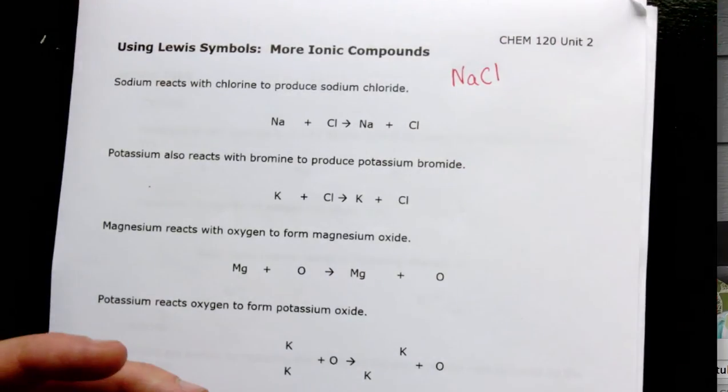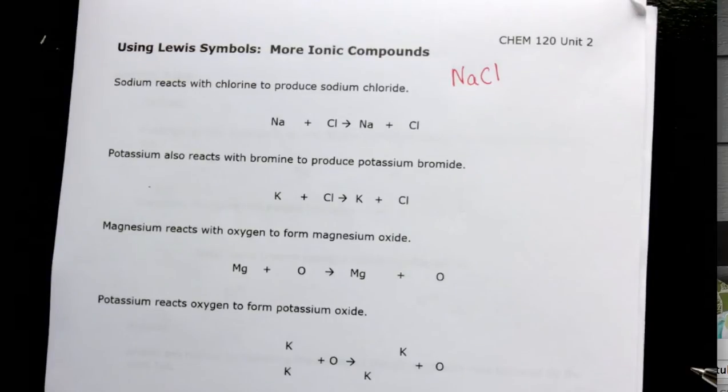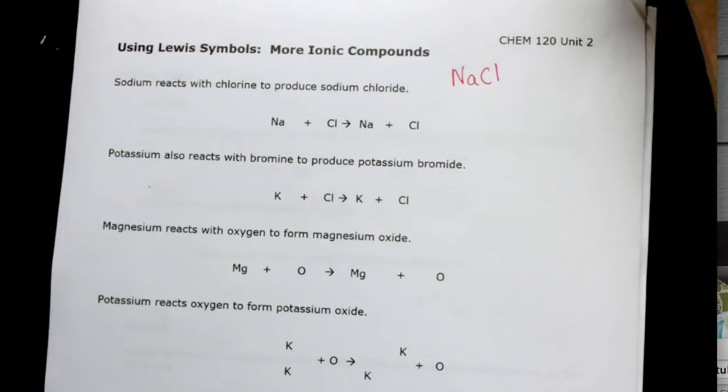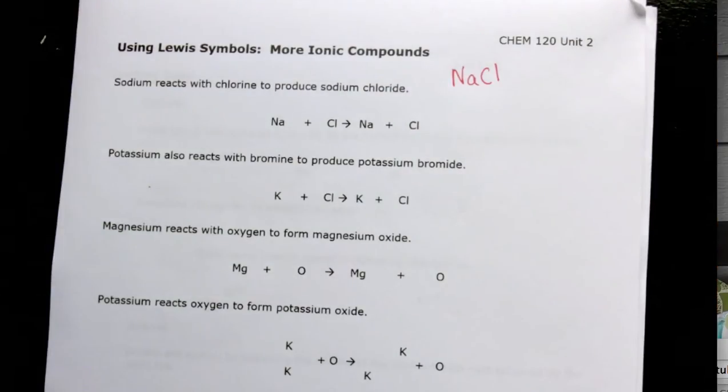So this is table salt, and if you're ever looking to impress anybody, you can use table salt to do so. Maybe a lot of you know this trick already, but if you have a napkin that's sticking to your drink, say you're at a bar and it's really embarrassing and you're not sure whether the napkin should go with your drink or on the table, one of the things you can do is sprinkle table salt on your napkin.